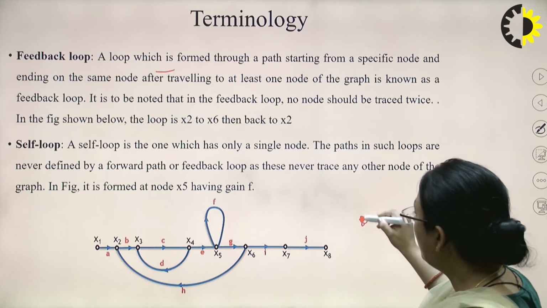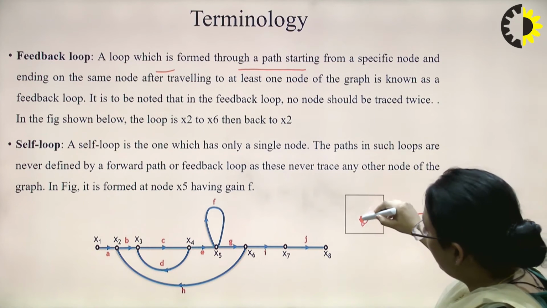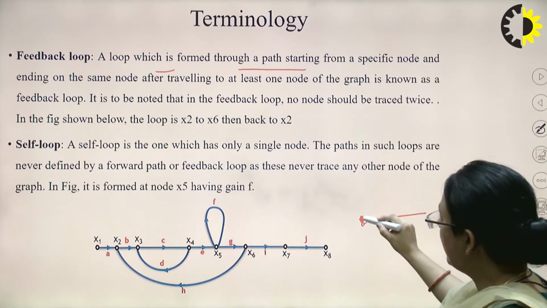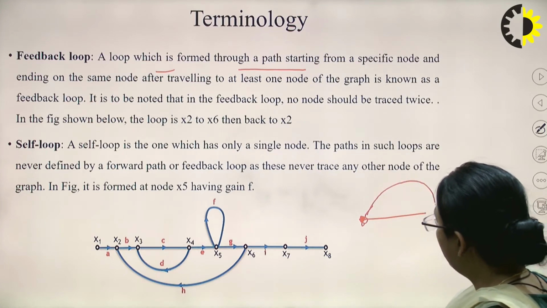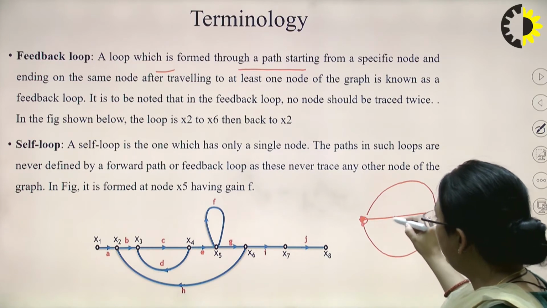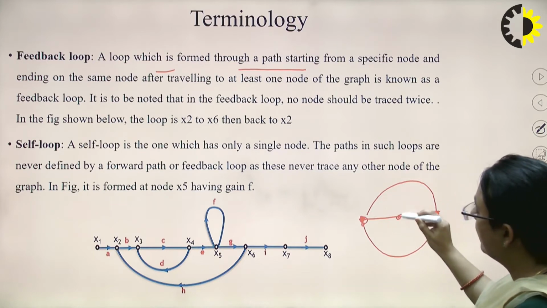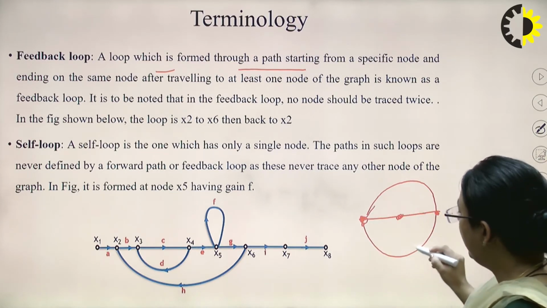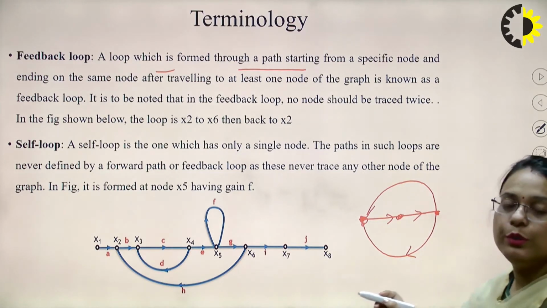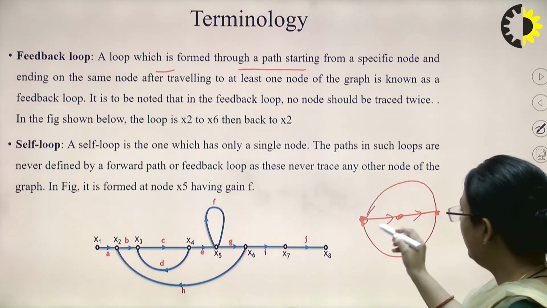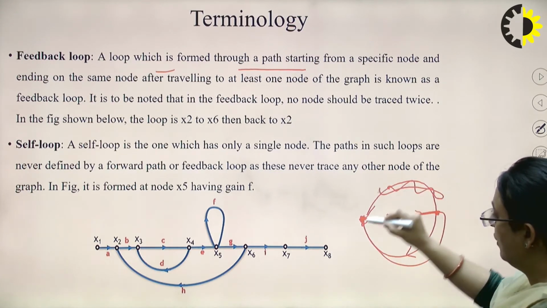So a loop formed through a path starting from a particular node and ending at that particular node, traveling at least one node without tracing any node twice, is called a feedback loop. So here you can see this is the feedback loop that I have formed. This will be the feedback loop.